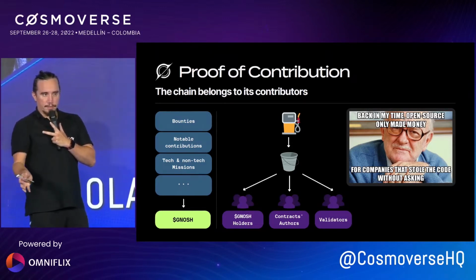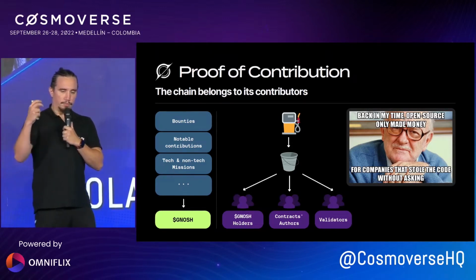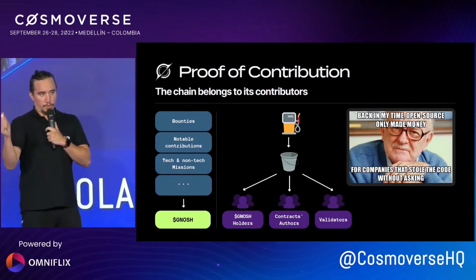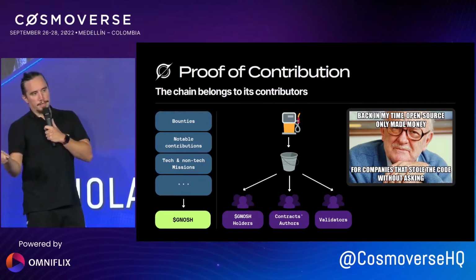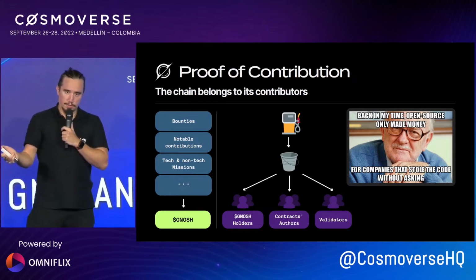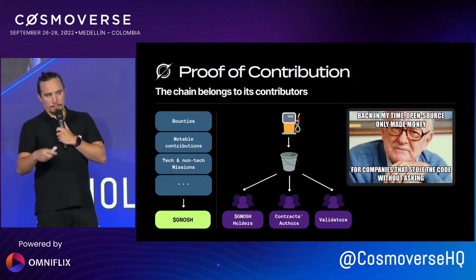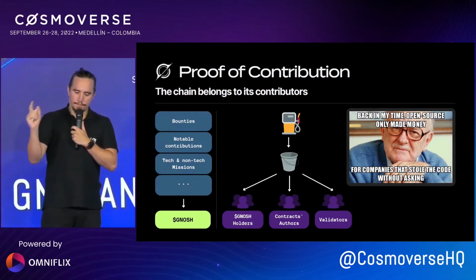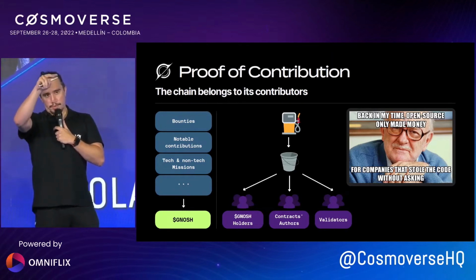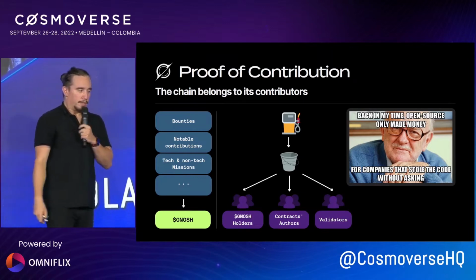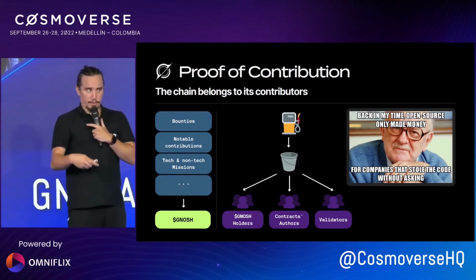All the chain fees are placed into a big bucket, and this bucket is distributed amongst the GNOSH holders first, then the validators, and the contract writers. So we want to reward the contributors of the chain even for non-technical stuff, the actual contract developers, so the top-level contract, but also the imported libraries developed by other developers, and the validators for their infrastructure stuff.